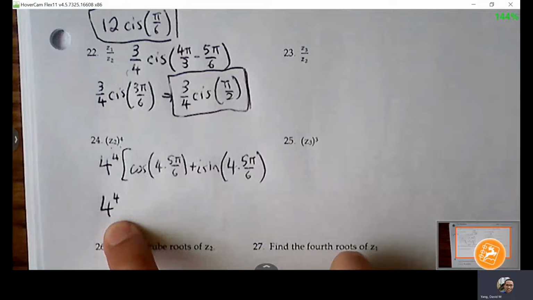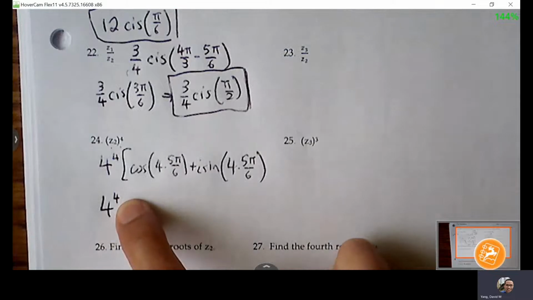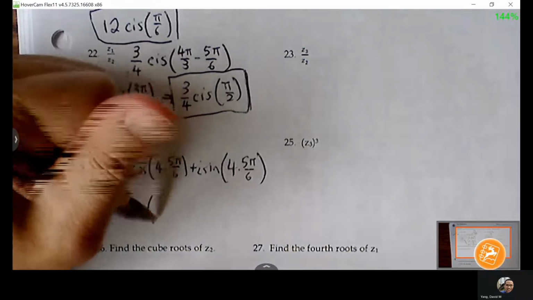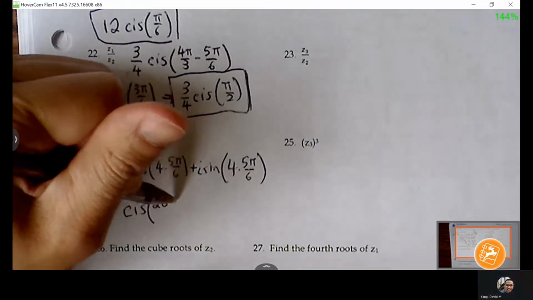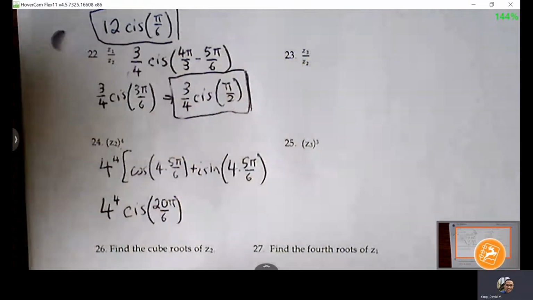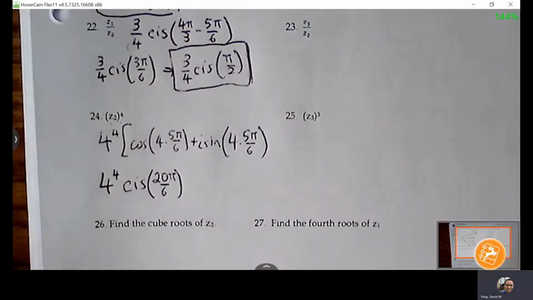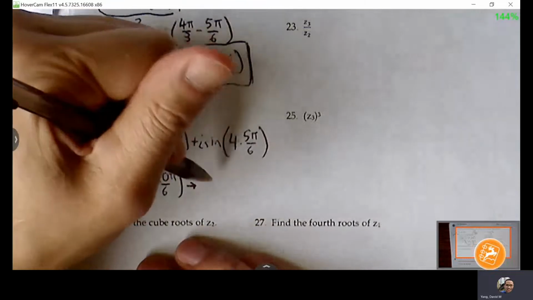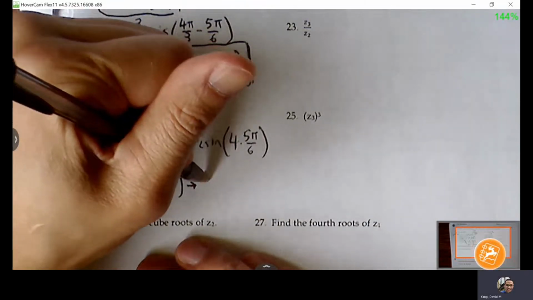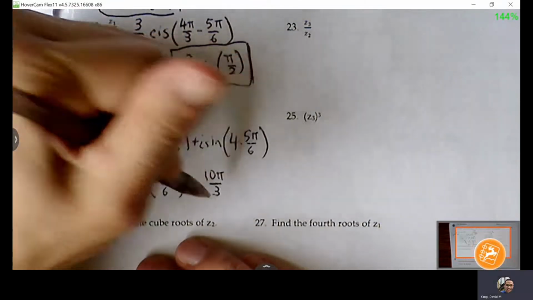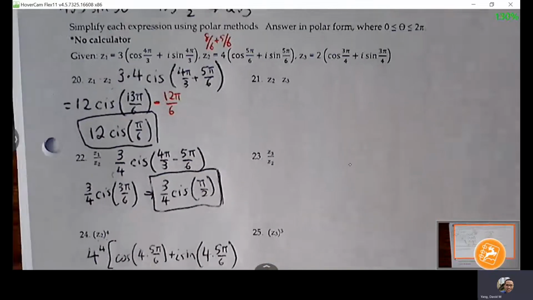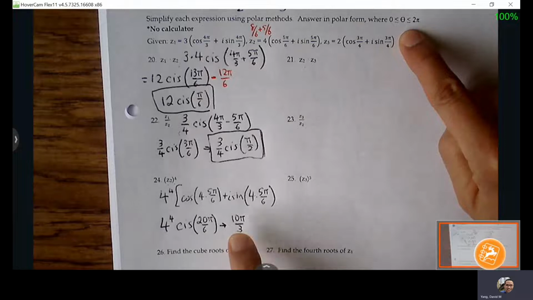It's okay if you leave it as 4 to the 4th power. You don't have to multiply all that out. Okay, what does 20 pi over 6 reduce to? Is 10 pi over 3 within our range? So we can do what?